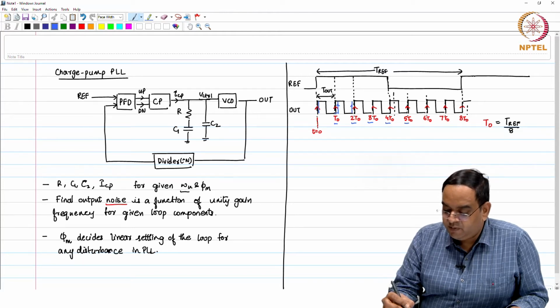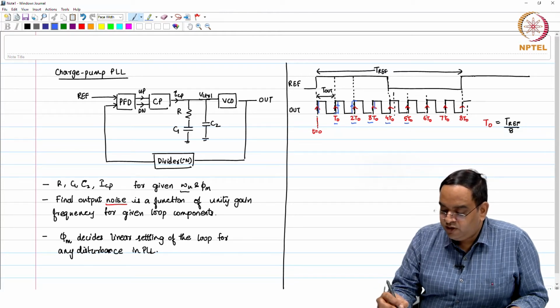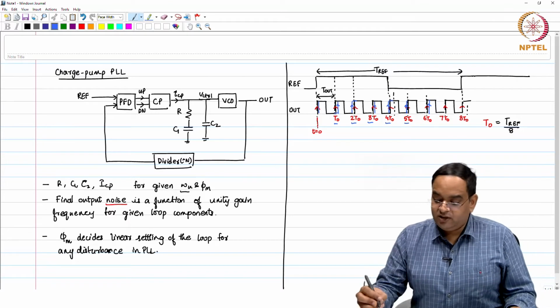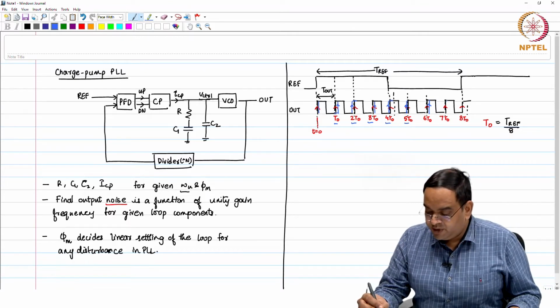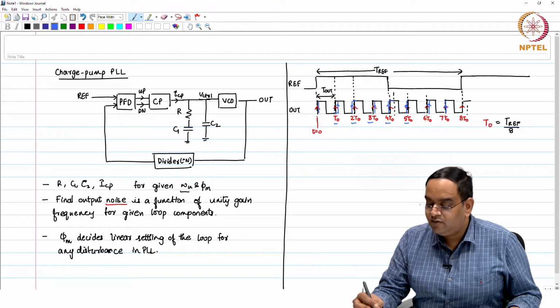Sometimes it may appear before. So, you are going to see variation between the ideal and the real clock. It can be any value. If it is in phase lock, then it will surely be limited, but it can take any value.